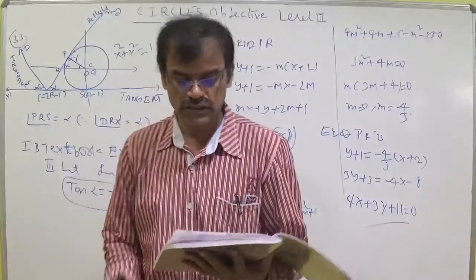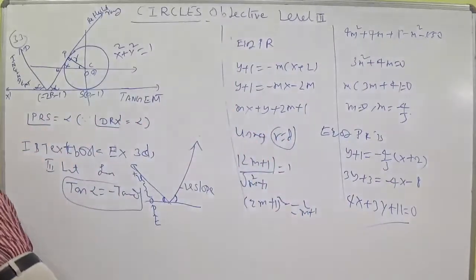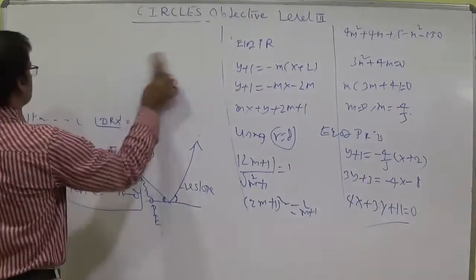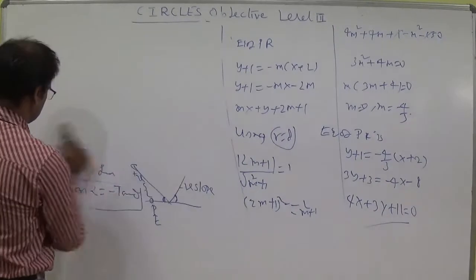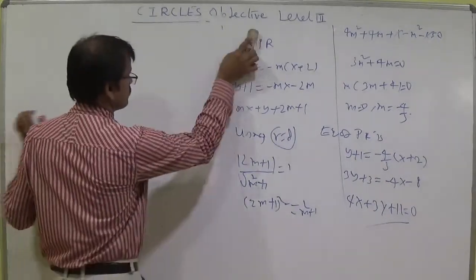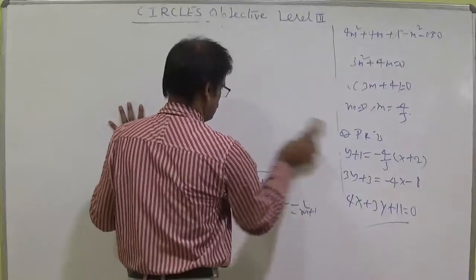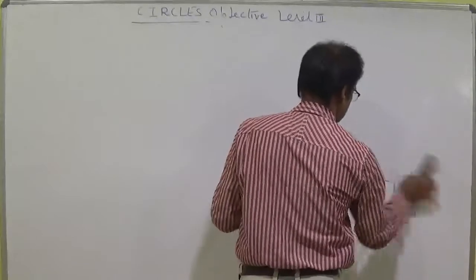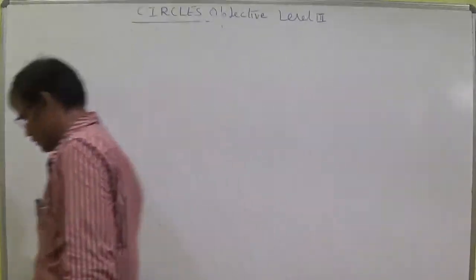Now let us discuss the 34th question. Let ABCD be a quadrilateral with area 18, with side AB parallel to CD and AB equal to 2CD.